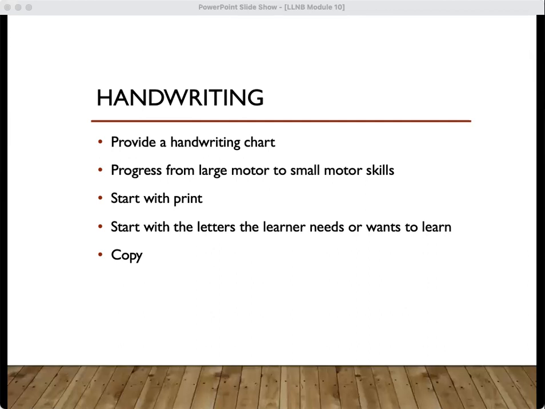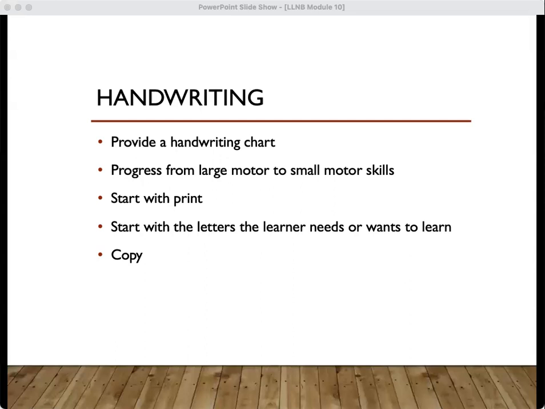You're going to progress from large motor to small motor skills. Learners who haven't done a lot of writing may not have the fine motor skills needed to write legibly in a small space while holding a small pencil. Begin by having learners use their arms and hands to write the letters in the air. Next, have them write the letters on the top of a desk using their fingers.